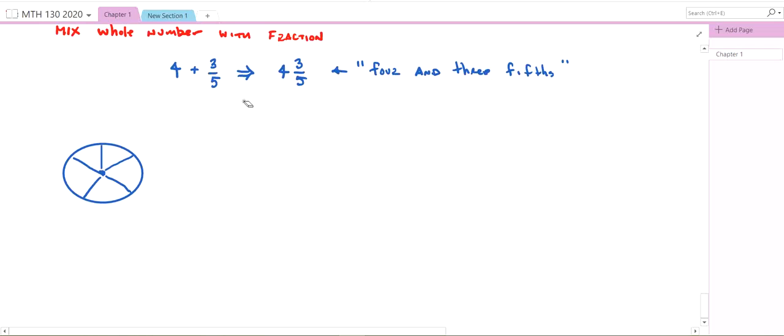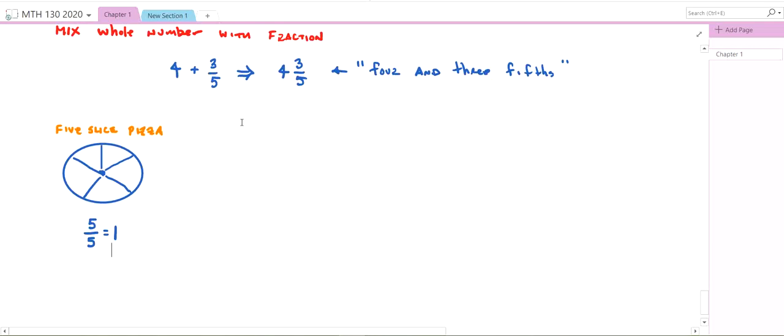So here we have a 5-slice pizza. So in essence, we have 5 out of 5 slices in our pizza, or 1 whole pizza.